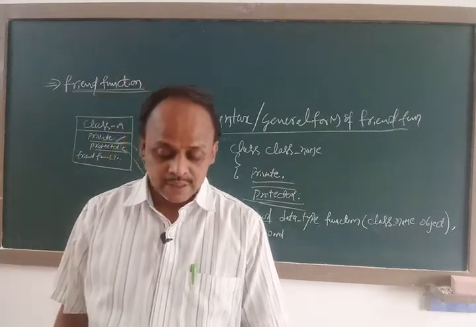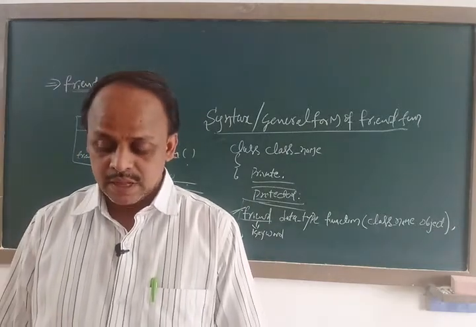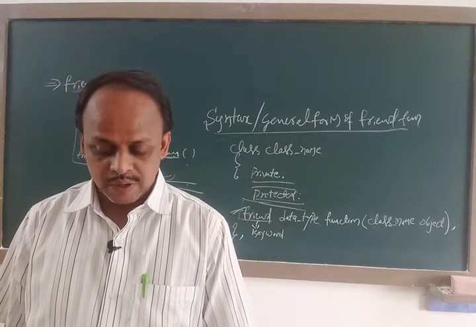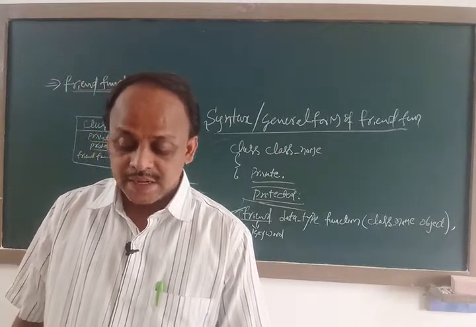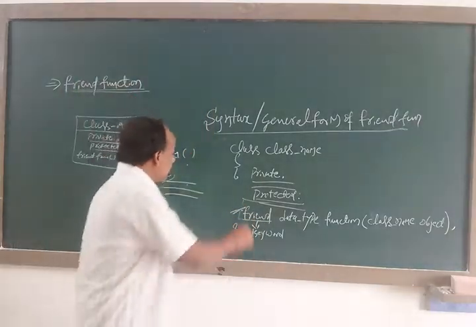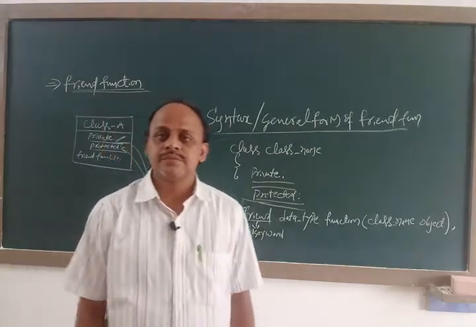And second point, a class may have a number of friend functions, and a function may be friend to any number of classes. Means a class may have more than one friend function, no problem.